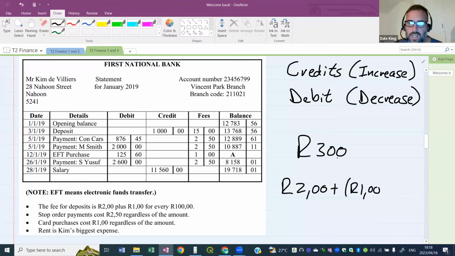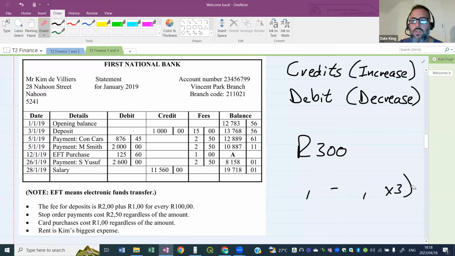If the number was complicated, you just divide by 100 to get that value. But we can see that we have 300s here. So it's 1 Rand for every 100, and we have 300s. So that's how you would calculate the fees for a deposit. That's how the first line works. We might need to use it in the questions that come.